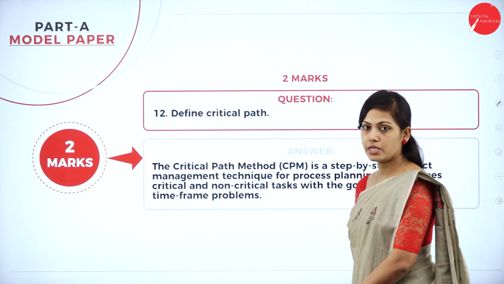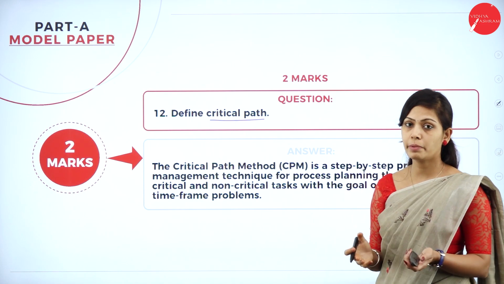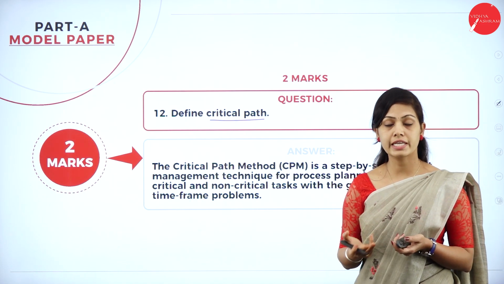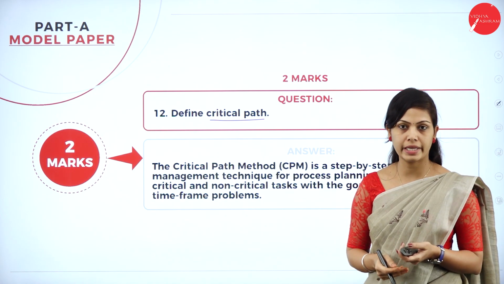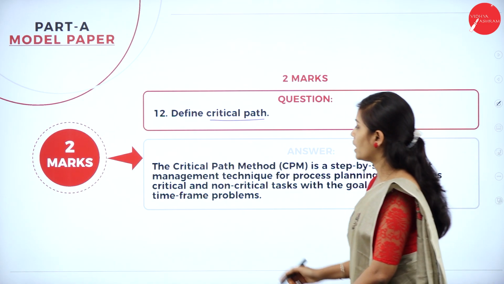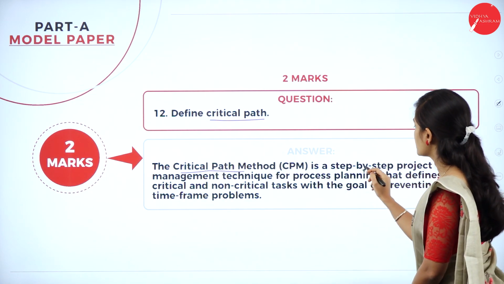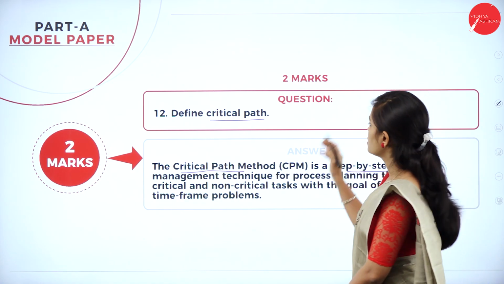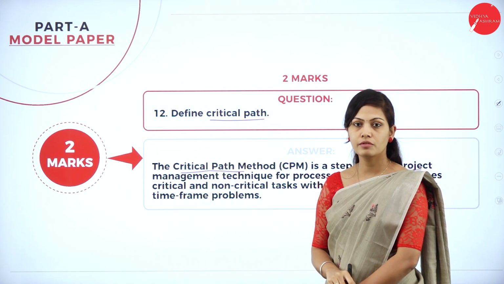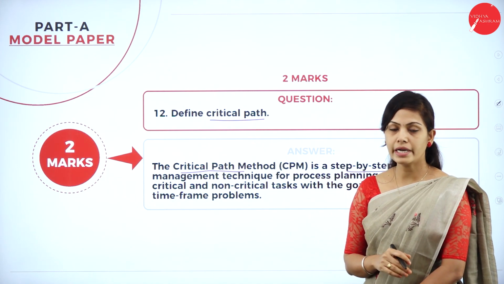And the last question is, define critical path. So you can expect what is PERT, the expansion of PERT, and the meaning of PERT also. So define critical path. Critical path, or CPM, is a step-by-step project management technique. We have studied this concept in network analysis, the CPM and PERT concept.